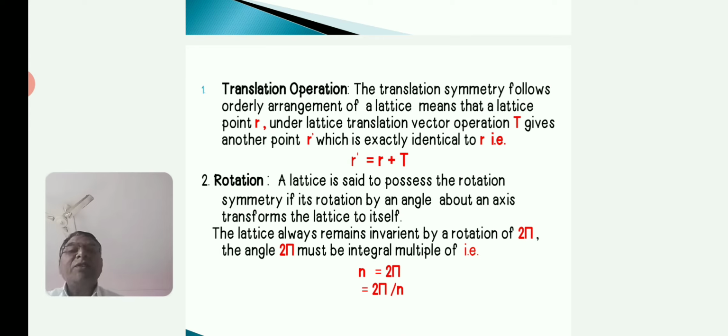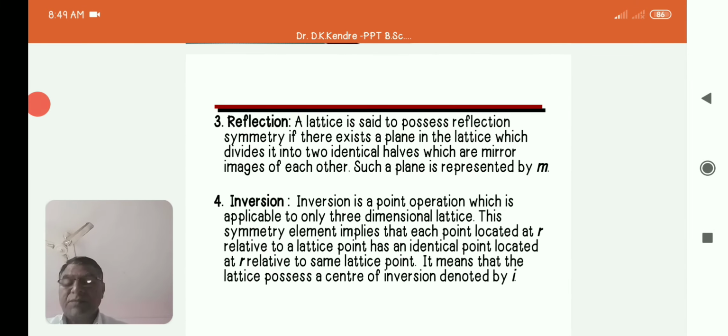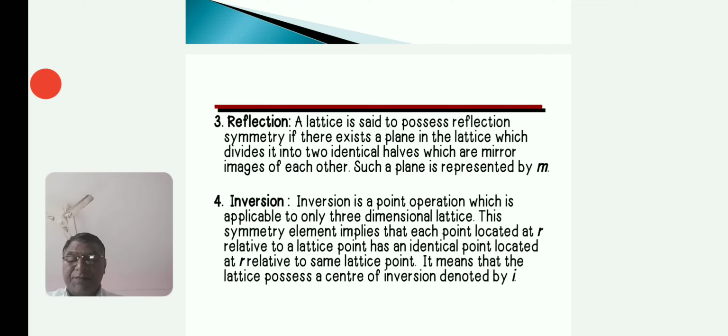The possible values of n which are compatible with the requirement of translation symmetry are 1, 2, 3, 4 and 6 only.